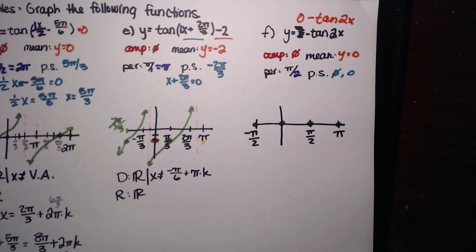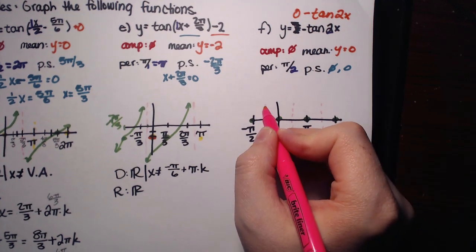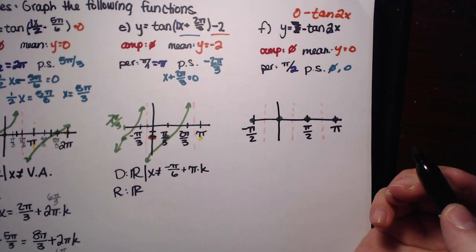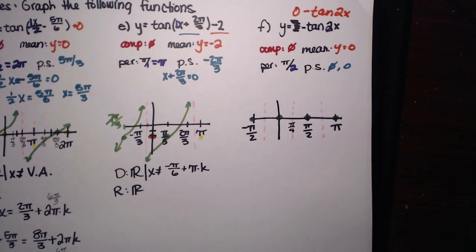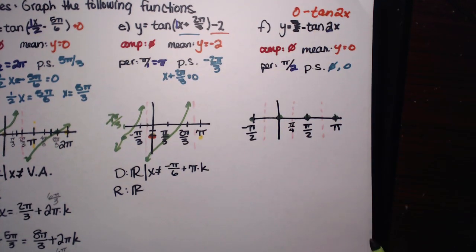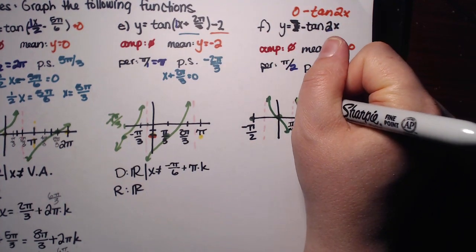Okay, and then halfway between that is the asymptote. So if I wanted to list this out, halfway between 0 and pi halves is pi fourths. Now, there's a negative on this one. So instead of being an increasing function, it's flipped upside down and it's decreasing.